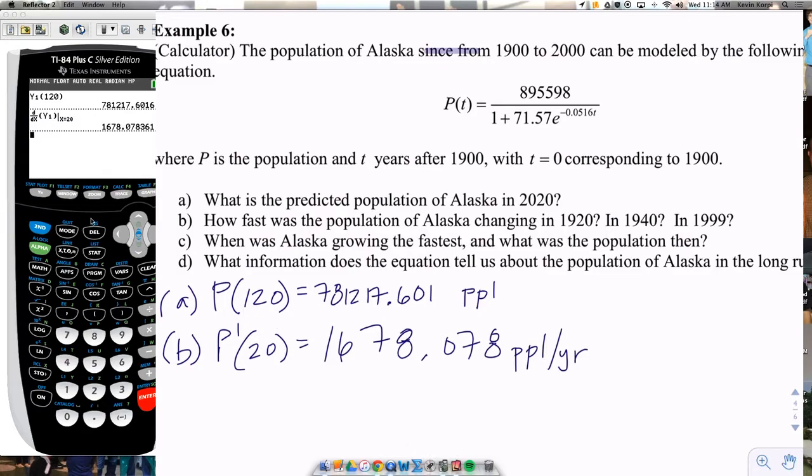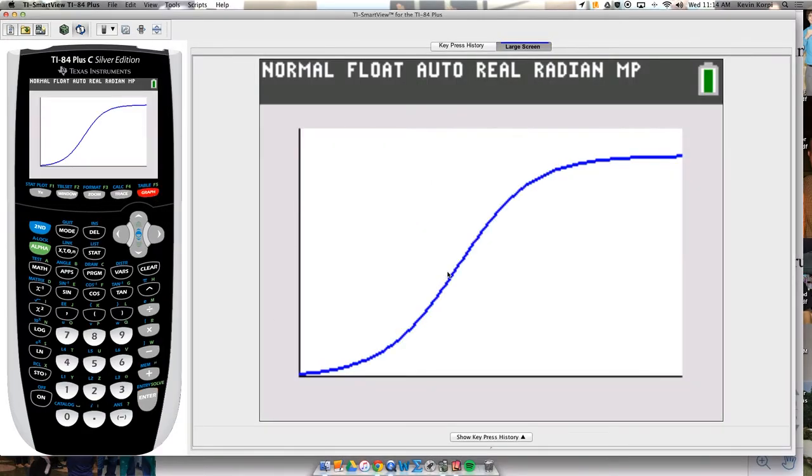Okay, so any logistic curve, remember, the population is going to be growing the fastest at the inflection value, and the inflection value always occurs where? At L halves, okay, at L halves.